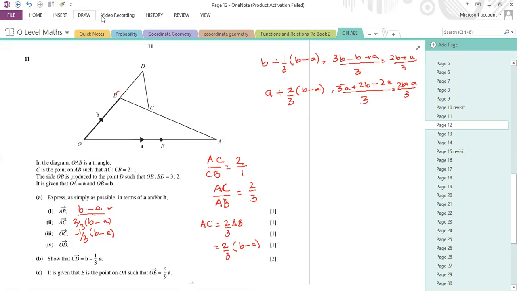So this is done. We have got OC, OC is 1/3 of B minus A, plus B. So that is going to be simplified to (2B plus A) upon 3.